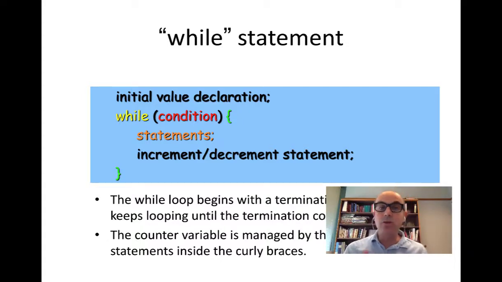Another statement that we will talk about quite often in PHP is the while condition. The while loop begins with the determination condition and keeps looping until it meets the condition that we set.